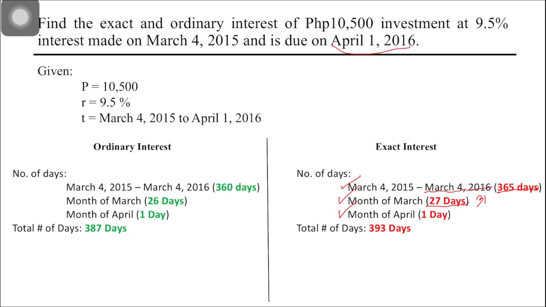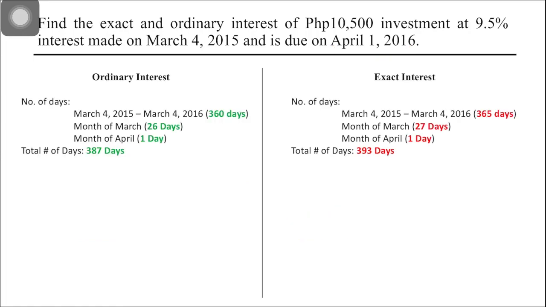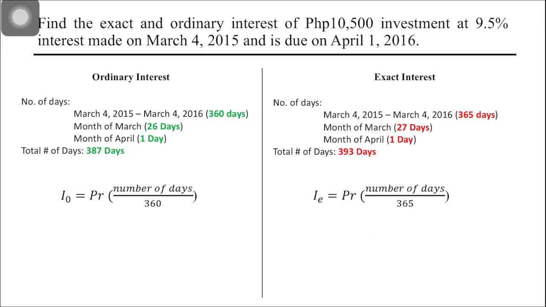days. So, parehara silang principal, parehara silang interest rate, but lahi sila og number of days. So, let's solve. So, this is the formula in getting the ordinary interest, and this is the formula in getting the exact interest. So, substitute the given for the principal, and also for the rate, and also for the number of days.